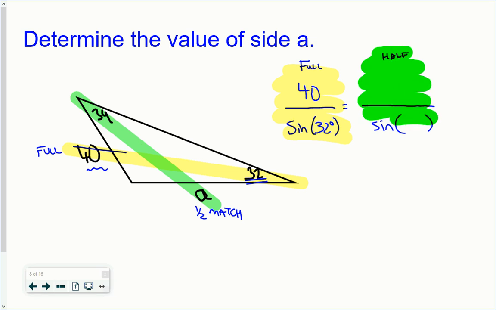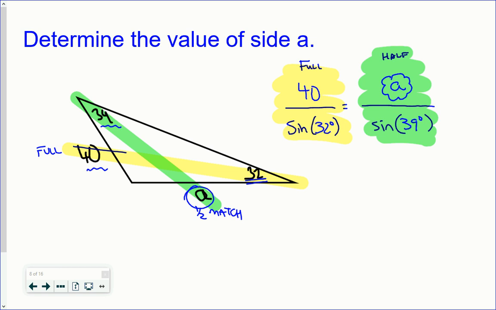Again, side length on top, angle on the bottom. So the side length is A, and my angle is 39 degrees. So I filled in three numbers into four spots. Now this is what I'm looking for.